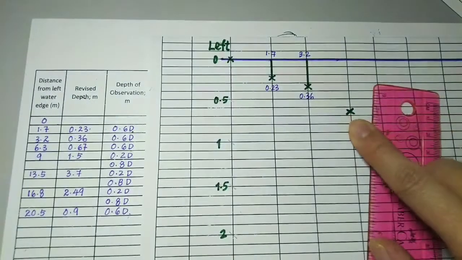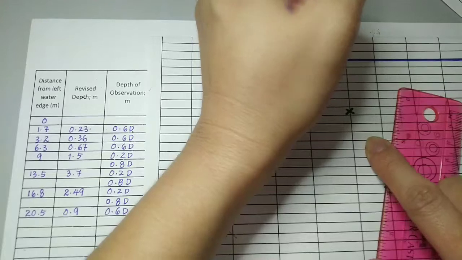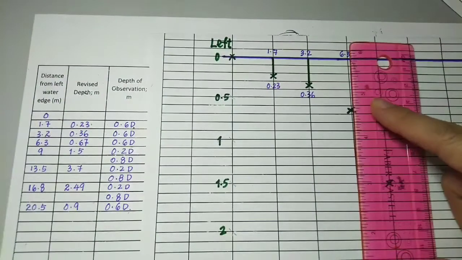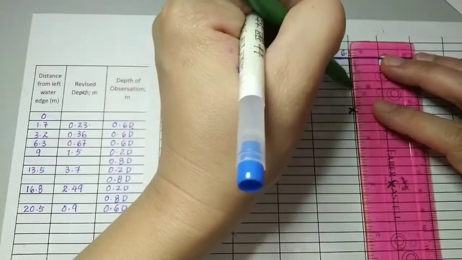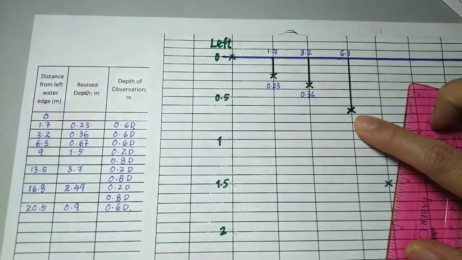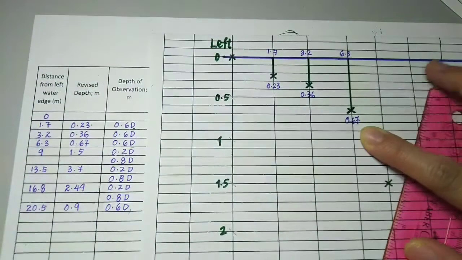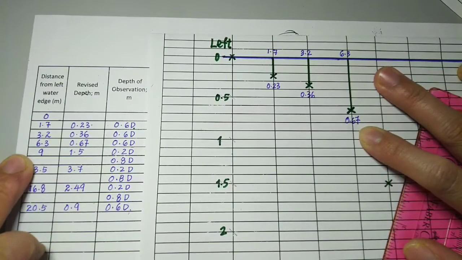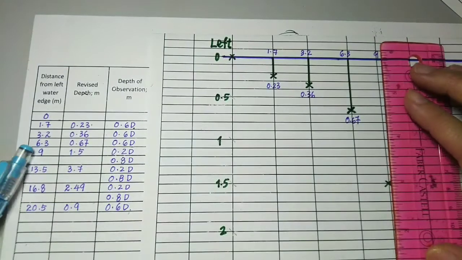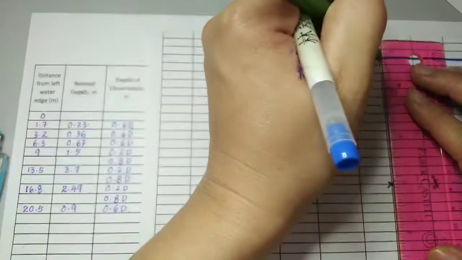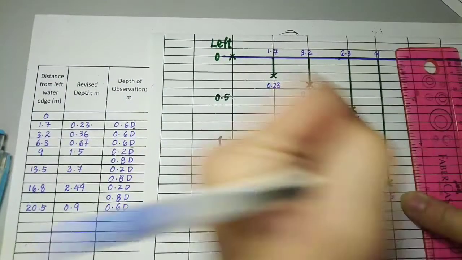Then from the left will be 3.2, and then 6.3. The depth is 0.67. The next will be 9 meters from the left, and the measured depth is 1.5.